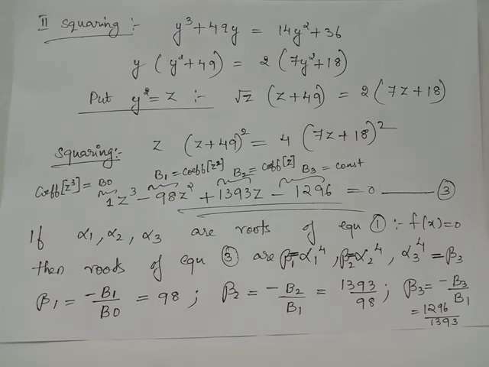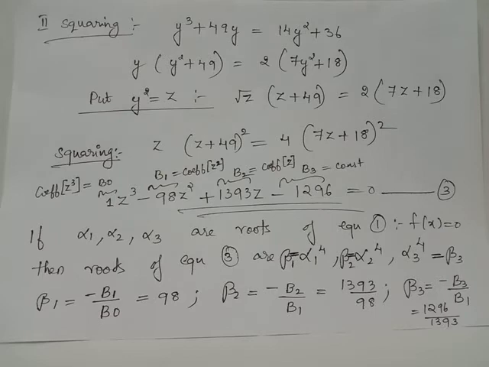In order to find the roots of equation 3, the general ratios are beta 1 equals minus b1 by b0, which equals 98, beta 2 equals minus b2 by b1, which equals 1393 upon 98, and beta 3 equals minus b3 upon b2.